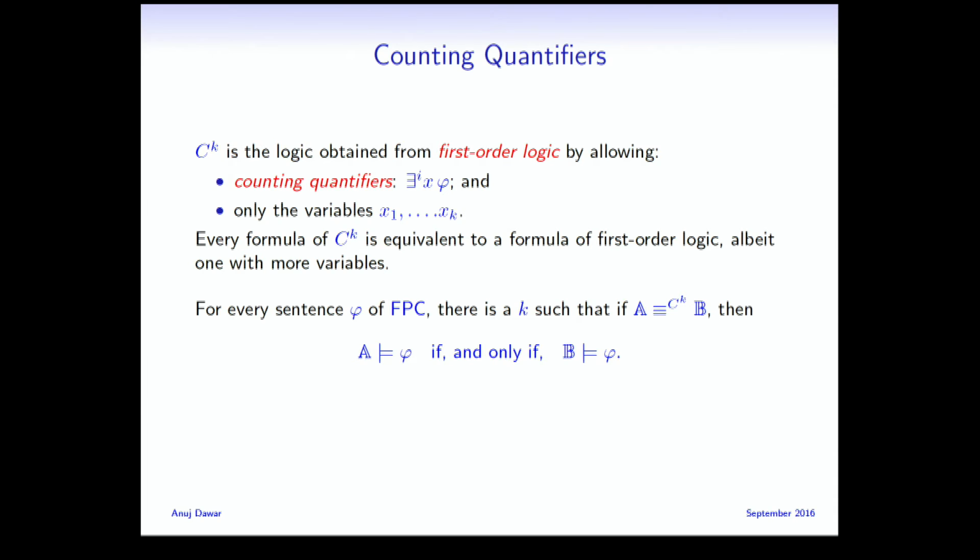Okay? Because this is a fragment of first-order logic, we say A and B are equivalent with respect to formulas that appear in here. And then what you can show is that for every sentence of fixed point with counting as defined on the previous slide, there is a k such that it's invariant under this C^k equivalence. This is, again, the same idea.